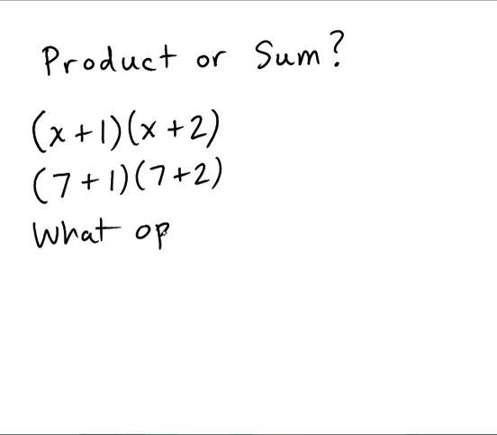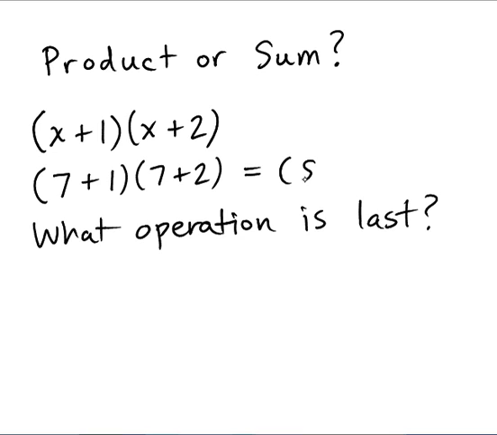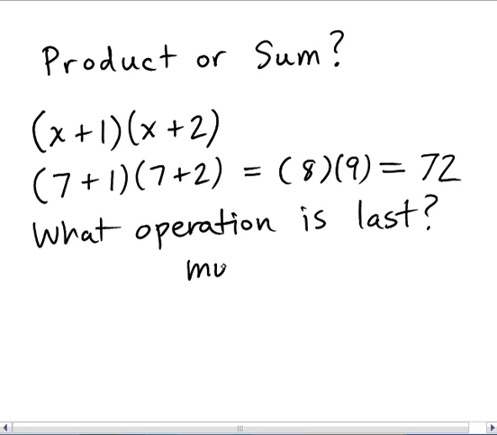What operation is last in this computation? Well, according to the order of operations, we have to do the sums in the parentheses first because they're enclosed in parentheses. So this would be 8 times 9. And then the very last thing you do is the multiplication. So the multiplication is done last.